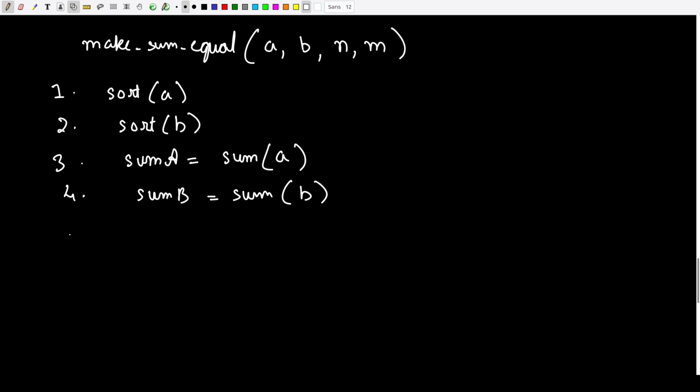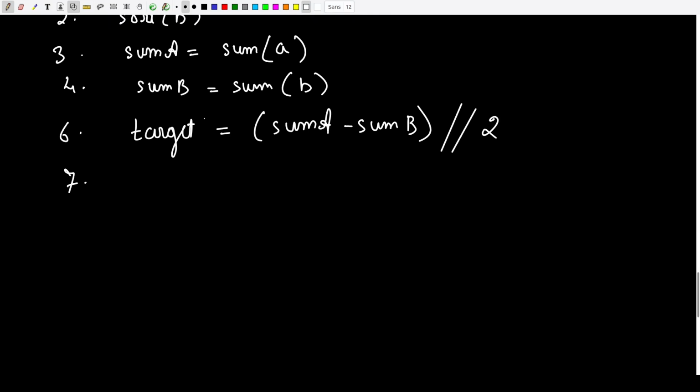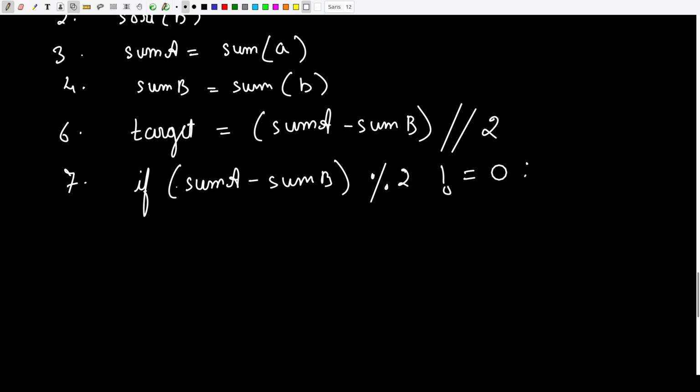After doing so, we are going to calculate our target. So target is equal to (sumA - sumB) divided by 2. Now there is one more check. If (sumA - sumB) modulo 2 is not equal to 0, in such a case we are going to return -1.